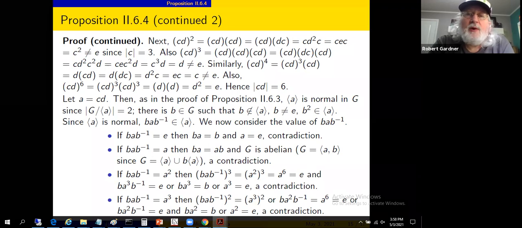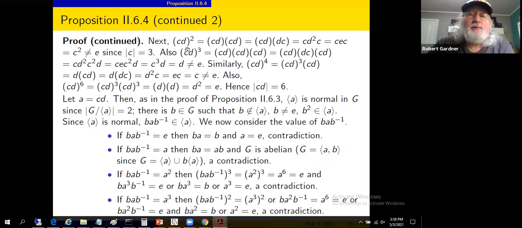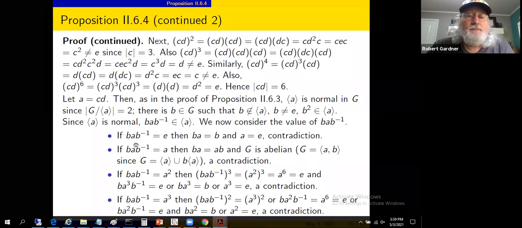Similar to what we did upstairs with the powers of CD, we're going to look at BAB inverse equals powers of A and see what possibly that could be. So we consider the value of BAB inverse in terms of an expression of it as a power of A. We'll get a bunch of contradictions, leaving us with 2 choices. And those 2 choices will lead to the 2 possible other structures for group G.